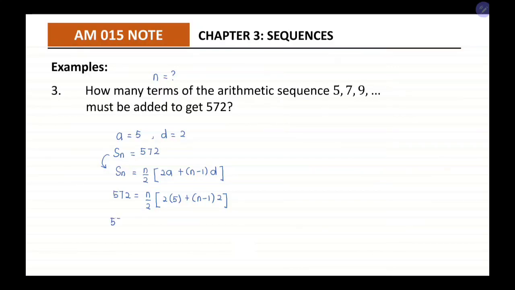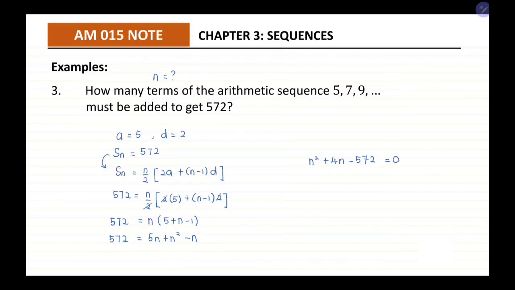So 572 equals n, this one cancels out 2. Then we get (5 plus (n minus 1)). So 572 equals 5n plus n squared minus n. Then we arrange, we get n squared plus 4n minus 572 equals 0.